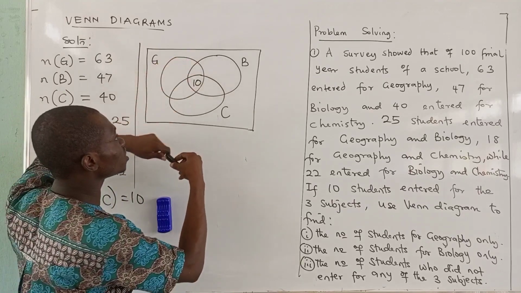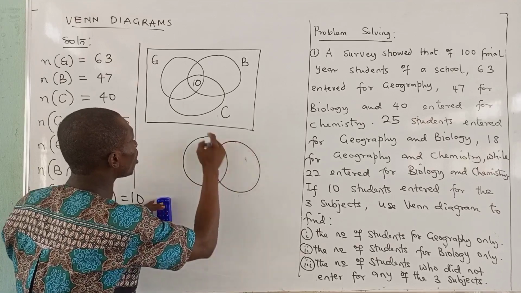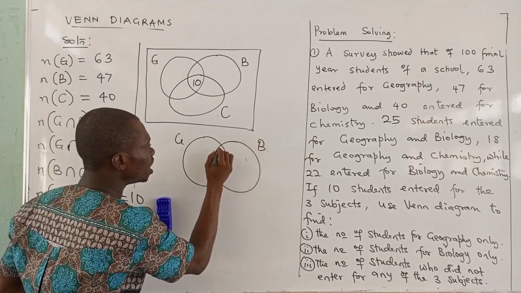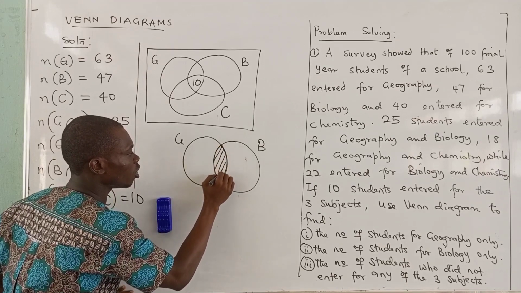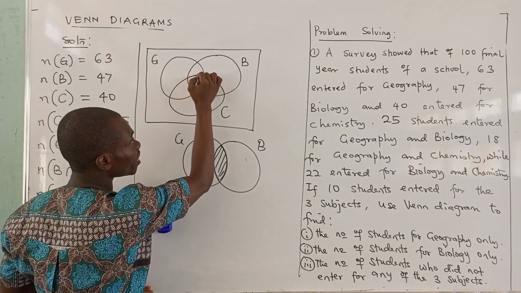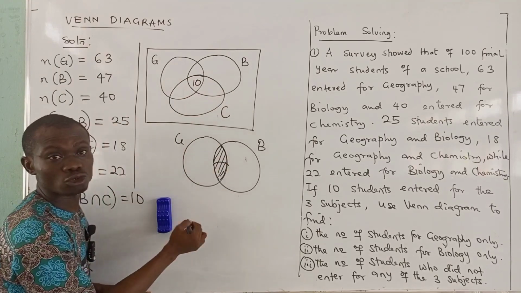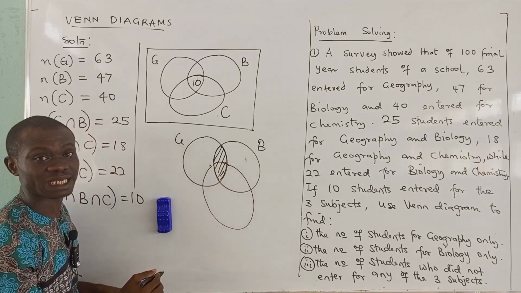The reason is because the intersection of G and B is the whole of this space. However, there is a removal of 10 from it for the intersection of the whole three, assuming you add the next set.